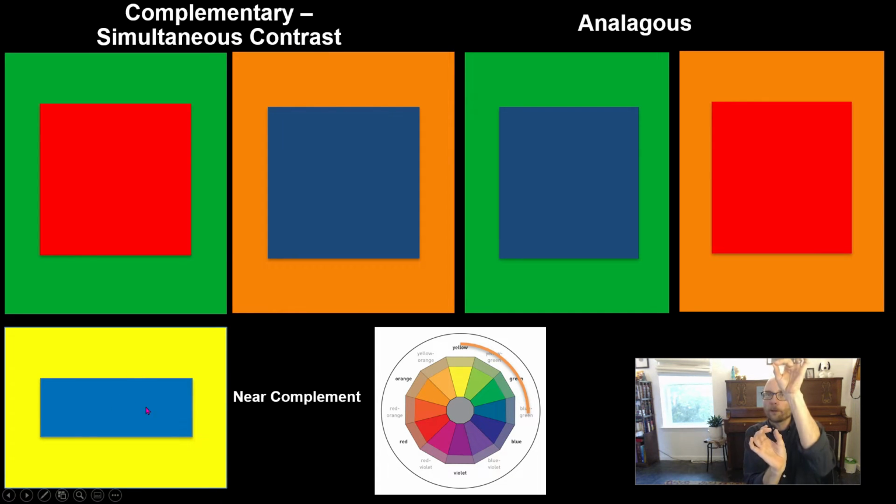The further away the colors are located from each other on the color wheel, the more they will intensify each other, and the more we'll get this simultaneous contrast. Simultaneous contrast means that the wavelengths clash and the colors vibrate and intensify each other. It's kind of neat, right?